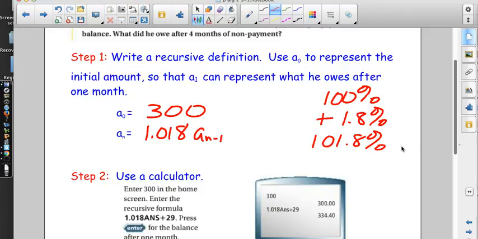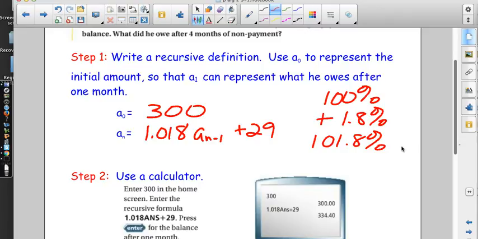But poor Pierre, he didn't realize he's also getting charged a fee because he didn't pay. What was that fee? $29. So each month, they're taking 1.018 times his previous balance, and then they're going to add that $29 because he didn't pay this.